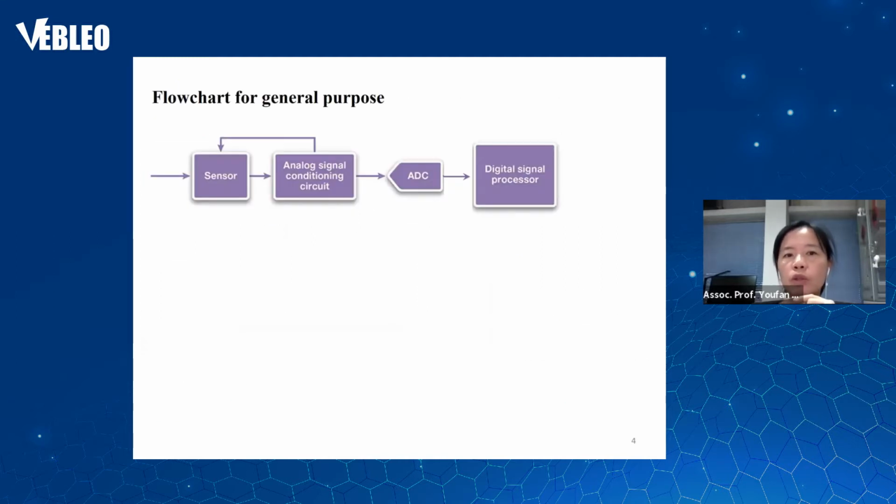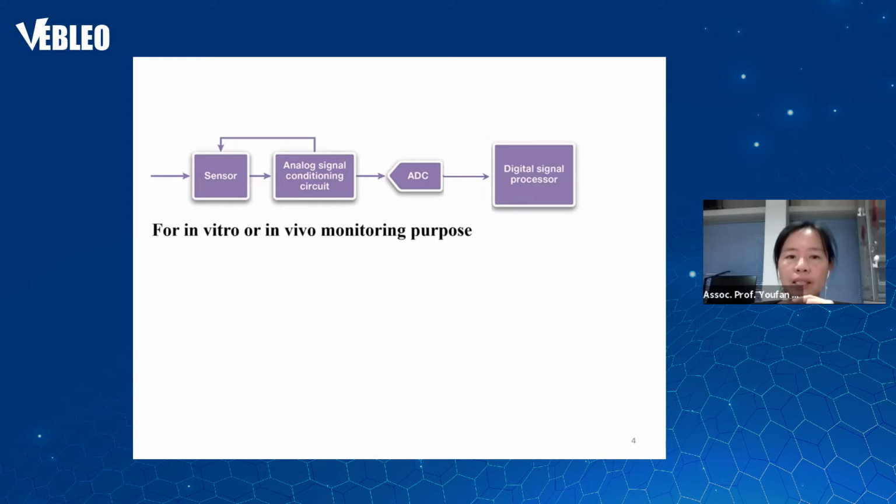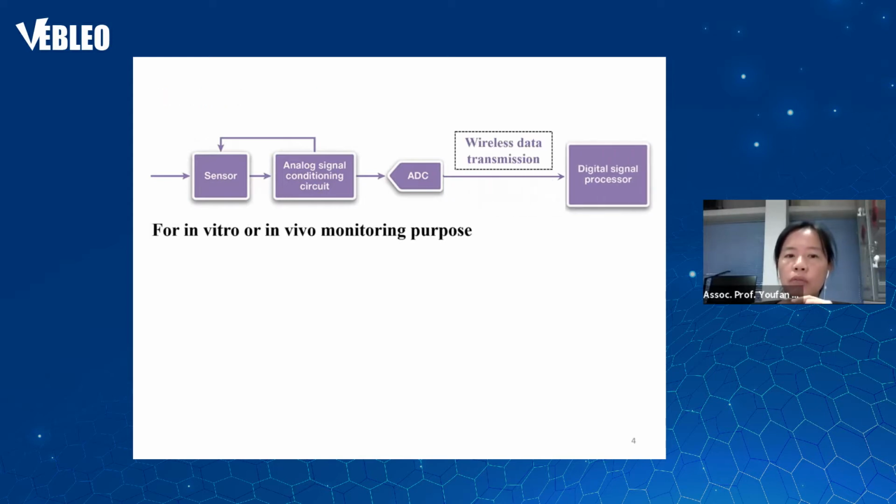Here is the data information flow chart in a general sensor. If we want to do in vitro or in vivo monitoring, then we would like the information to be wirelessly transmitted to the end.